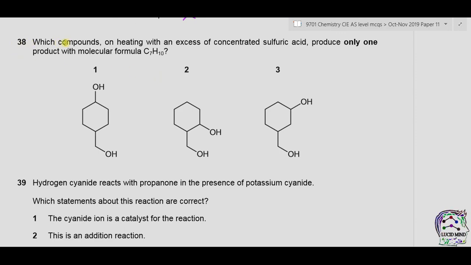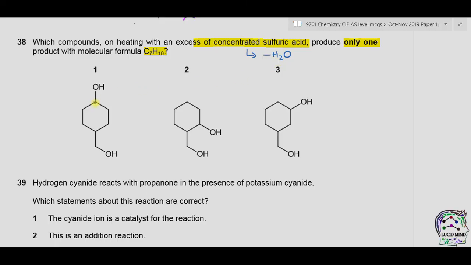Question 38. Which compounds on heating with an excess of concentrated sulfuric acid produce only one product with the molecular formula C7H10? Now we know that concentrated sulfuric acid is a dehydrating agent and it will remove water in an elimination reaction of alcohols.